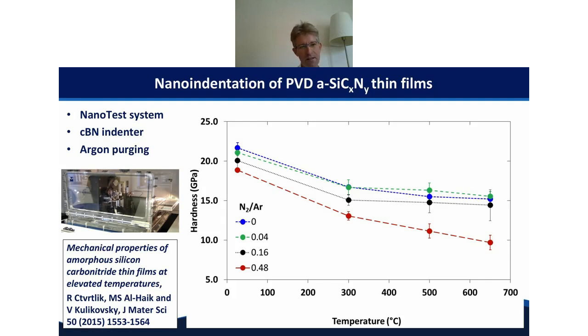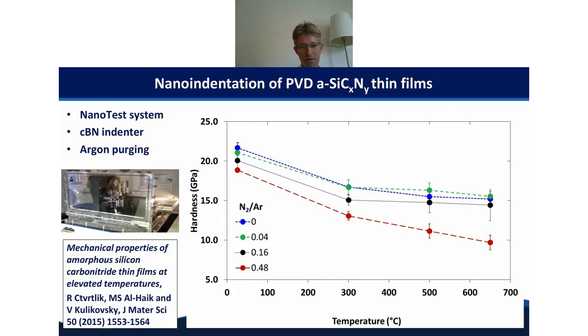So the team there were interested in trying to understand whether they could produce coatings with enhanced nitrogen in there and mitigate the brittleness problem. And you can see here that actually they're quite successful in doing that.